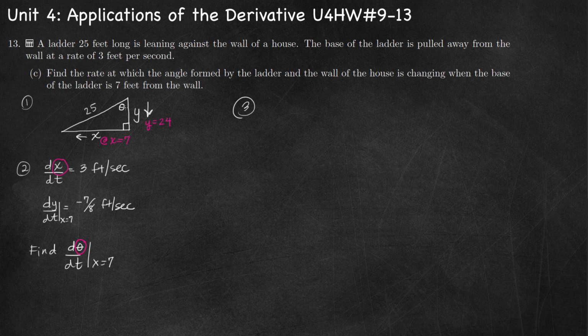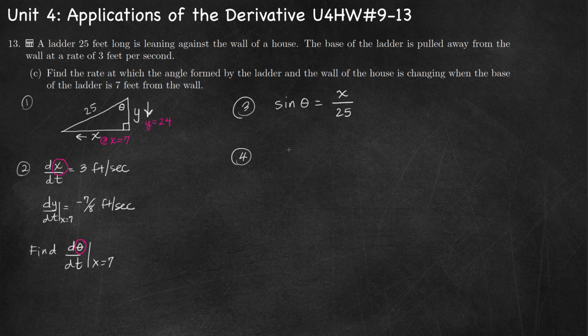So I've got my angle theta, the opposite side is x, and the hypotenuse is 25. So I can say sine of theta equals x, that's the opposite side, over 25. The 25 is a constant. So here is an equation relating theta and x, and now I will take the derivative with respect to t.